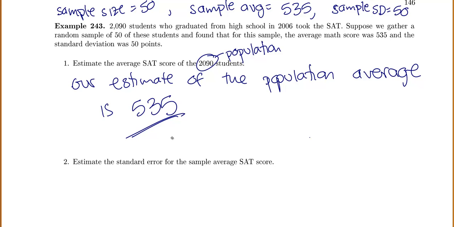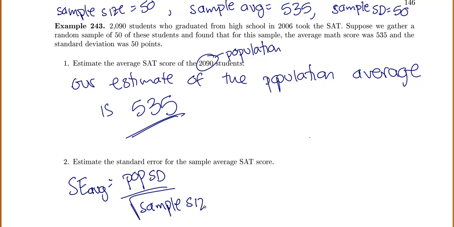Now let's estimate the standard error for our sample average SAT score. The formula for standard error of an average is equal to your population standard deviation over the square root of the sample size. But once again, we run into a slight error because we don't know the population standard deviation. So we're going to estimate or approximate it. I do the little wavy equal sign for approximate with our sample SD over the square root of the sample size.